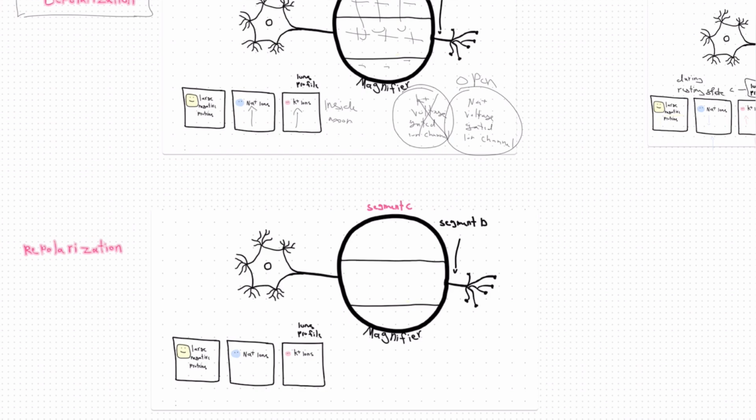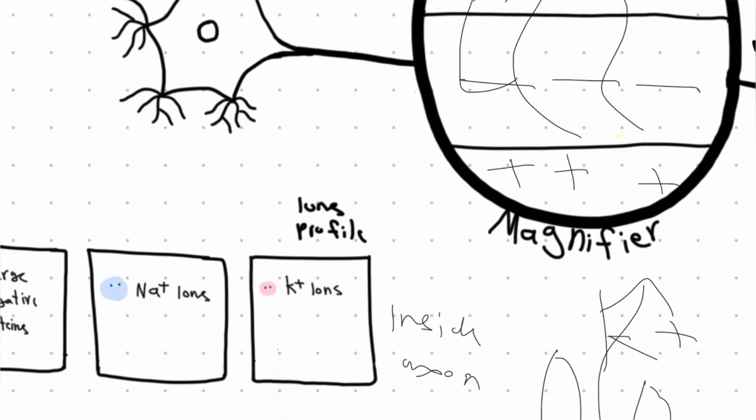During repolarization, the second part of the action potential, the inside becomes negative and the outside positive. Why? Because potassium channels open, sodium voltage gated channels close, and potassium rushes out of the cell. So the inside becomes negative, and potassium concentration inside the axon would be less than before.